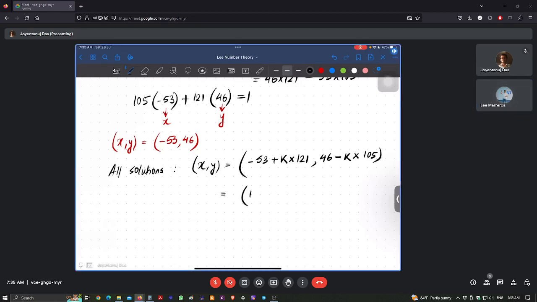So 121k minus 53 and 46 minus 105k. So this is our all integer solution, where k belongs to the integers.